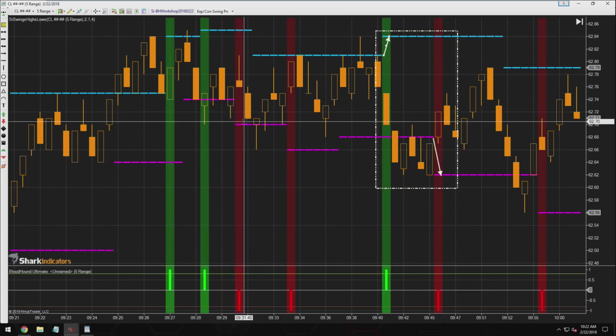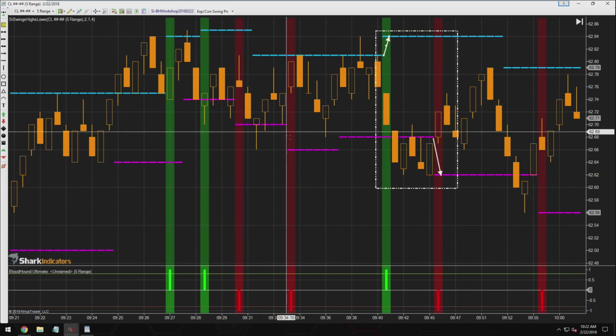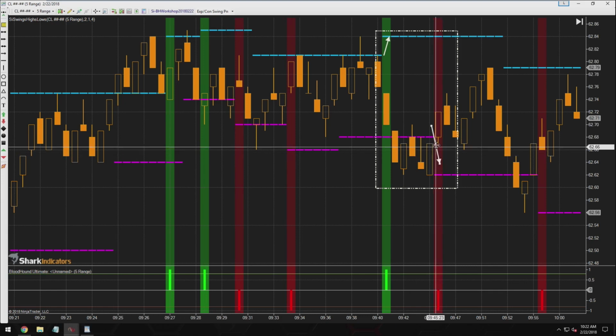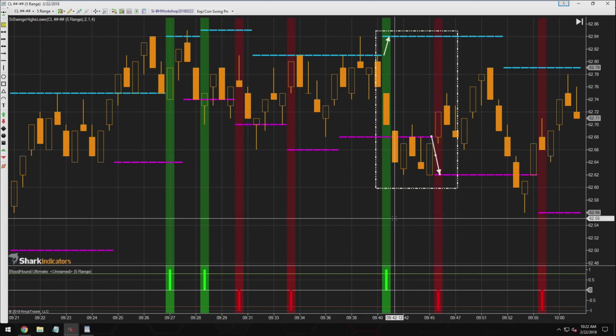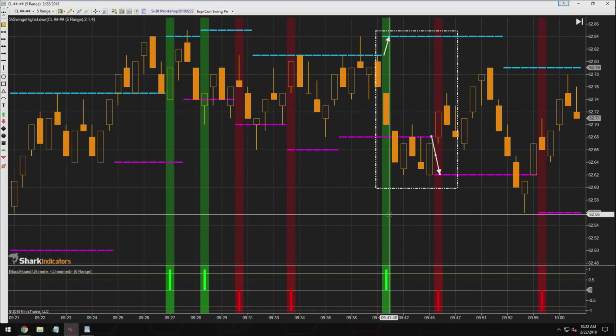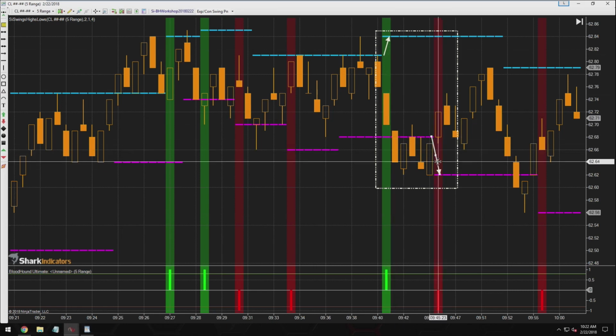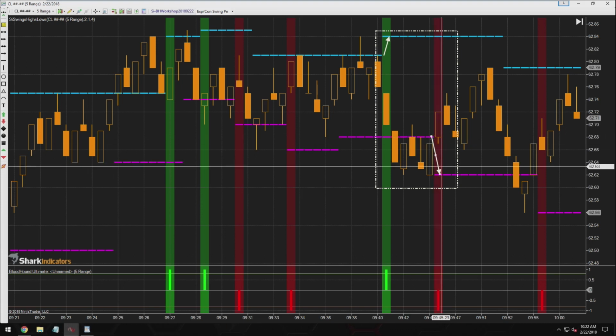And when all the swing lows move lower, it's identified with a short signal. So basically, we have the expansion of the swing points identified with a long signal for the highs and a short signal for the swing lows. All right, so we have that expansion identified.